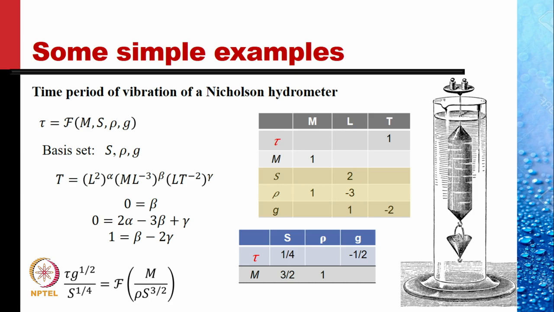And that will be a function of m divided by rho times S raised to power 3/2. Doing a few experiments, we can find out what should be the nature of this functional relationship. And once we discover this relationship, we can find out the time period of any hydrometer.